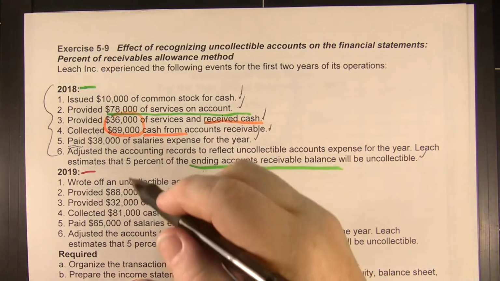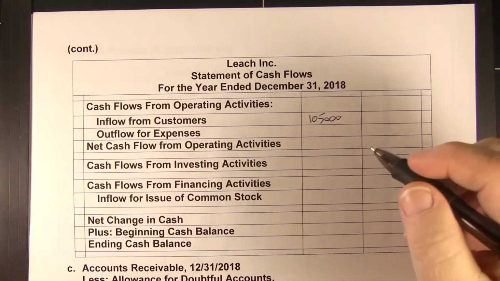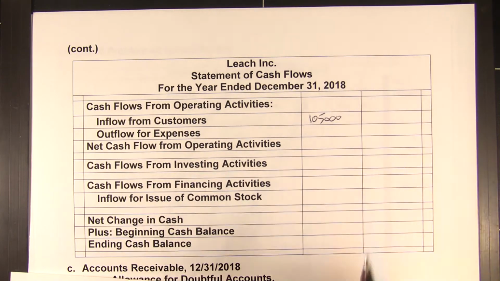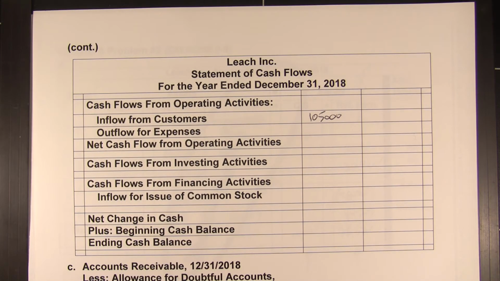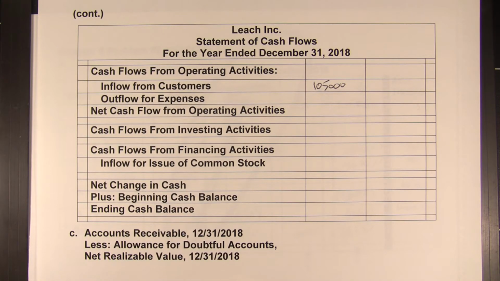Next, they tell us that we paid $38,000 in salaries. Salaries are operating. It's what you pay for doing what your company does. That's the whole concept of salaries.